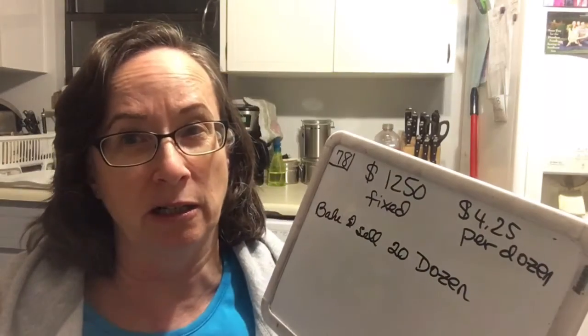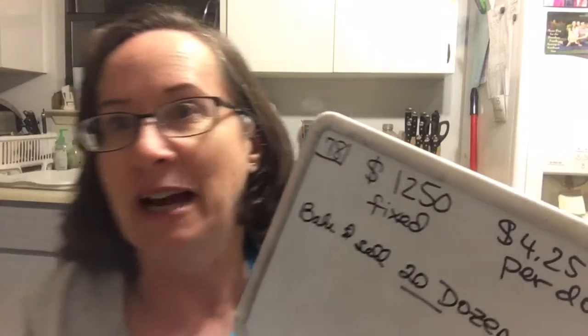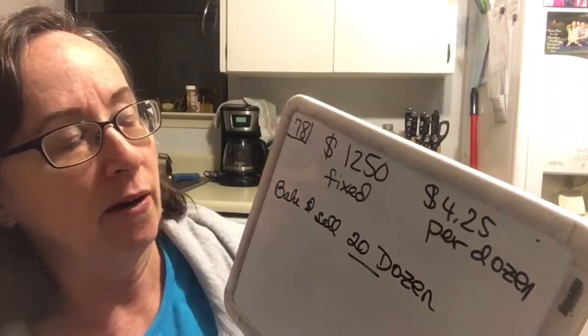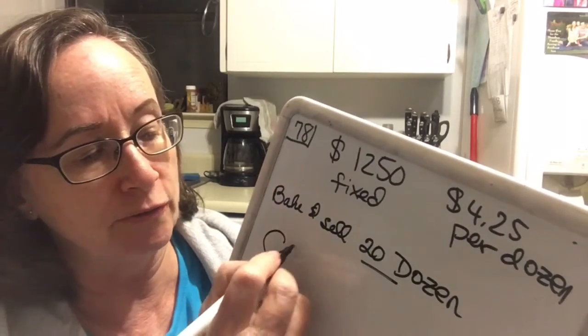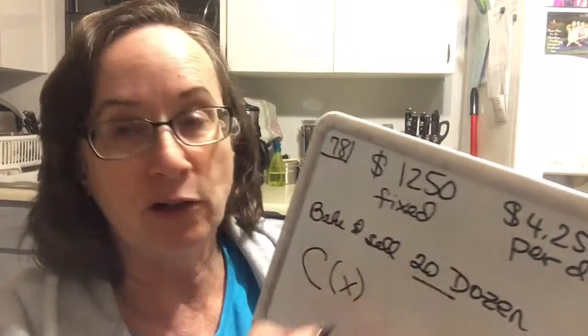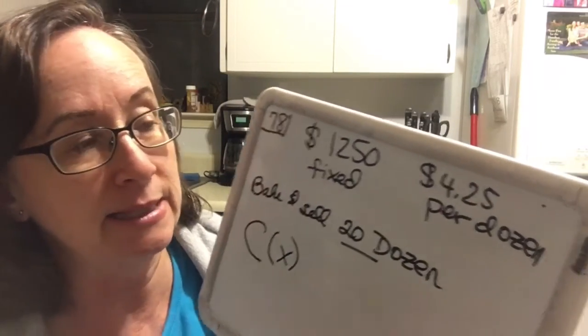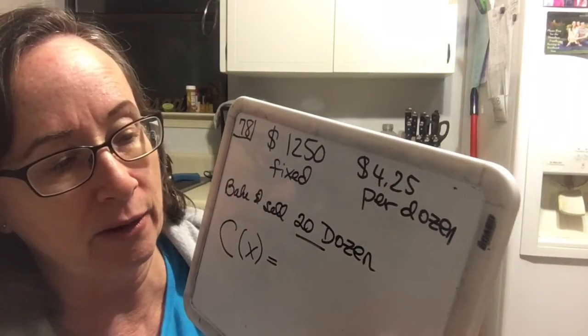Well, I'm going to cheat a little bit, and I'm going to just make it 20 dozen because I want it to be easy math. Okay, but we'll be doing it the same way. All right, so we're looking for an equation first. We're looking at an equation for the cost incurred by the company every time they bake cookies, and this is a fixed cost, so we're going to add that no matter what.